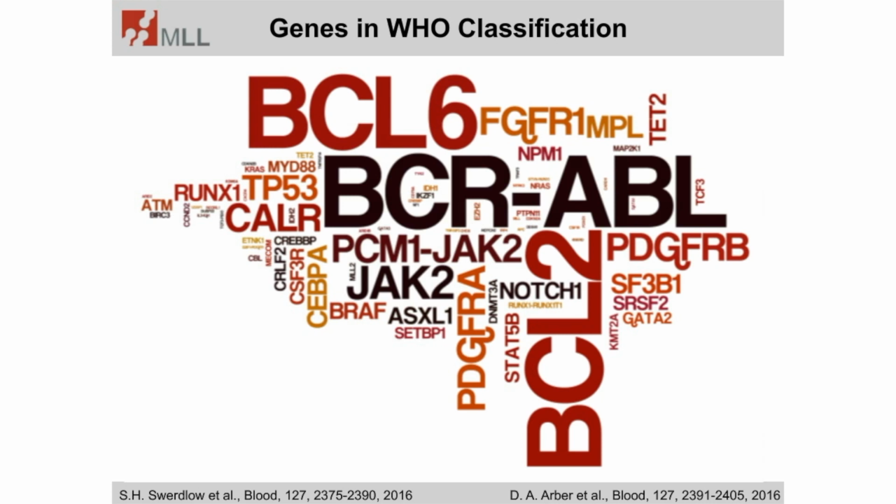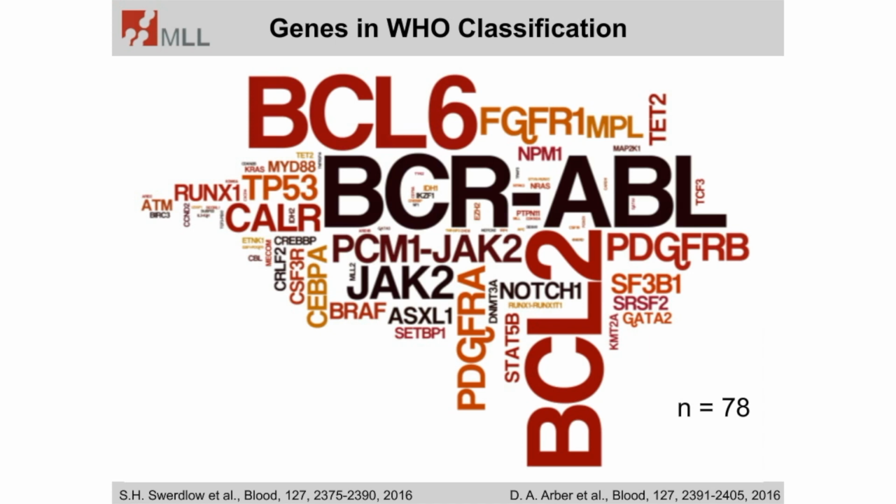These are the markers according to their number. They were mentioned in these two papers to describe the respective diseases in combination, and the number of molecular structures, that means mutations, translocations, as well as expression, is now 78.